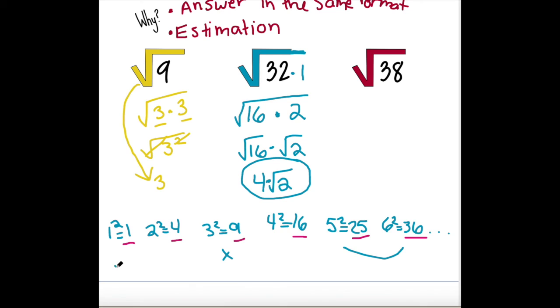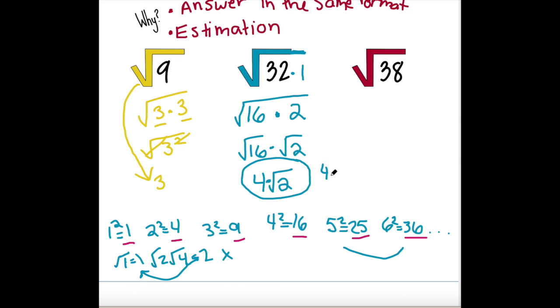Square root of 1, let me kind of write this out here. Square root of 1 would equal 1. Square root of 4 equals 2. So the square root of 2 is going to be somewhere between the value of 1 and 2. It actually ends up being about 1.4.